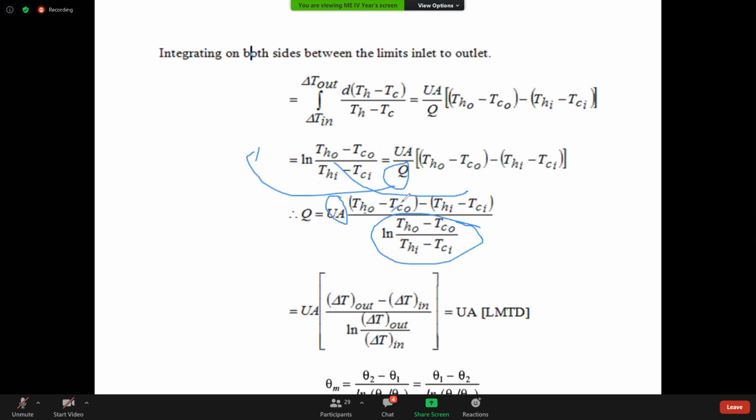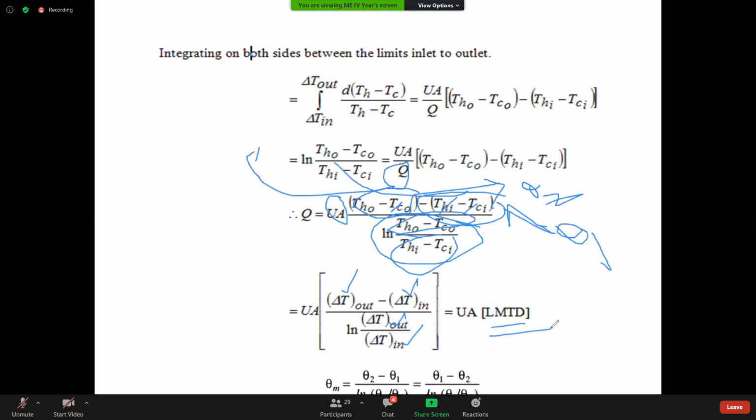Thi minus Tc naught, Th naught minus Tc naught. This term is called theta 2. This term is called theta 1. And this is also theta 2 and theta 1. See, theta 2 minus theta 1 divided by ln theta 2 by theta 1. This is for parallel flow. Q is equal to U A LMTD, hence it is proved.